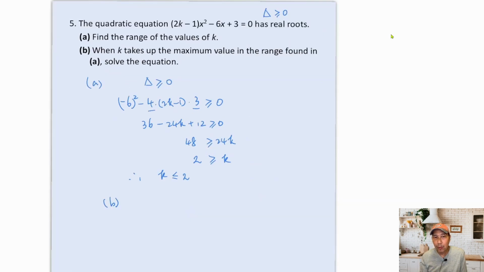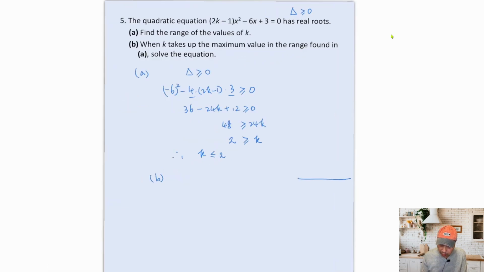Okay, part B, when k takes the maximum value in the range found in A, solve the equation. In part A, we have the range of k. We try to find the maximum value of k. We know that k should be less than or equal to 2.